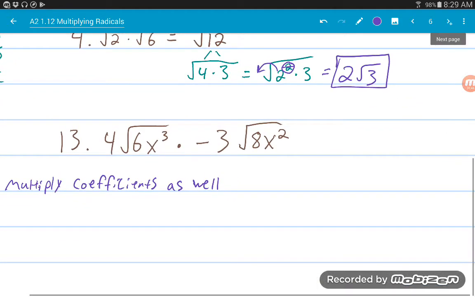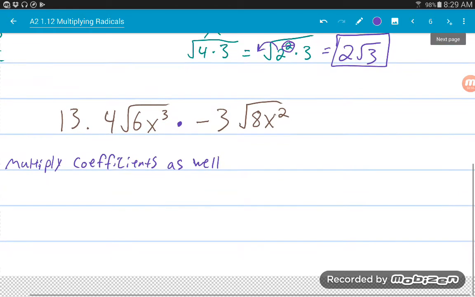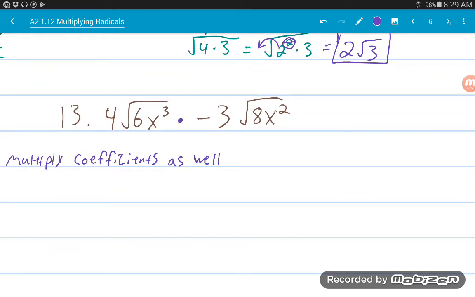If I'm doing number 13, this is 4 square root of 6x cubed times negative 3 square root of 8x squared. I'm going to multiply the outside times the outside. 4 times negative 3 is negative 12.